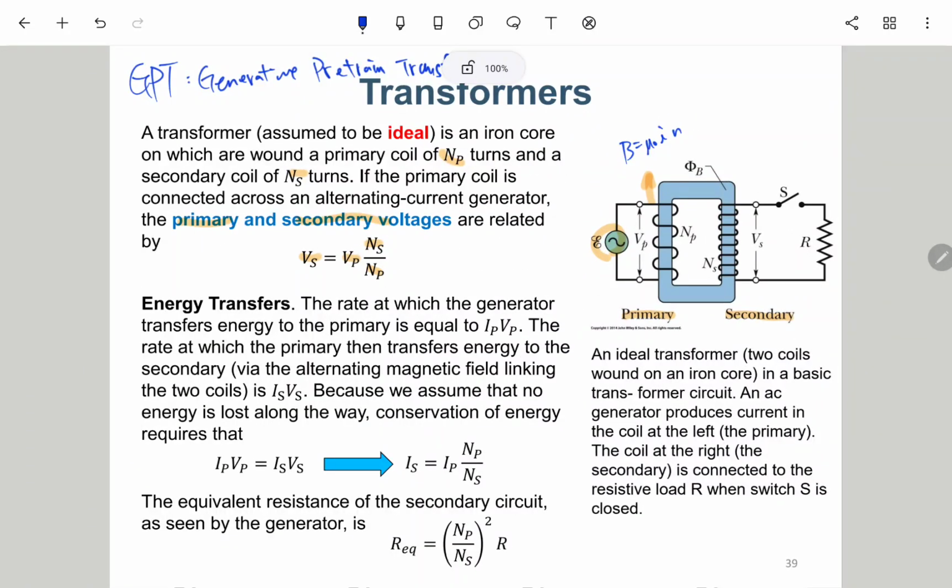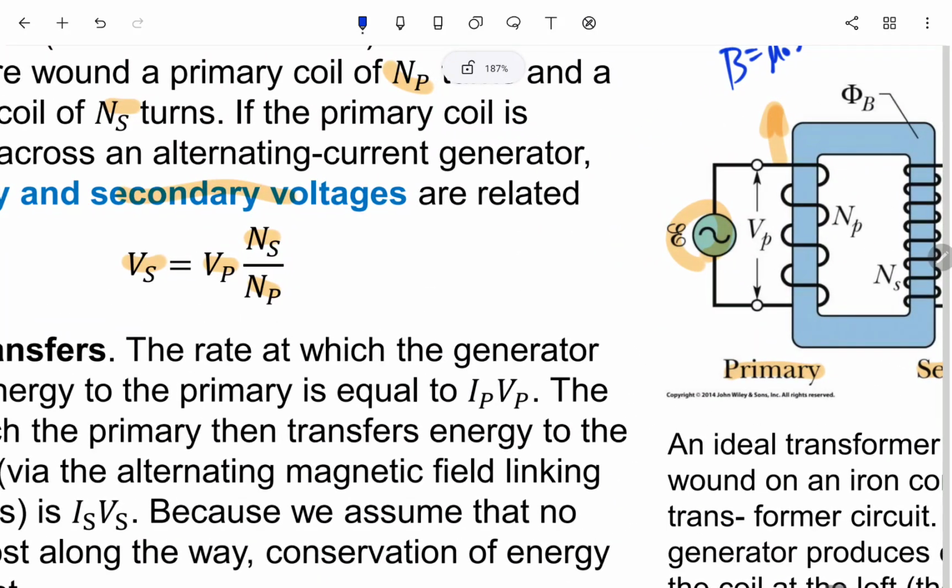So finally, this Vs, the secondary voltage, will of course be proportional to the primary voltage, and it will also be proportional to Ns according to Faraday's law, and inversely proportional to this Np.